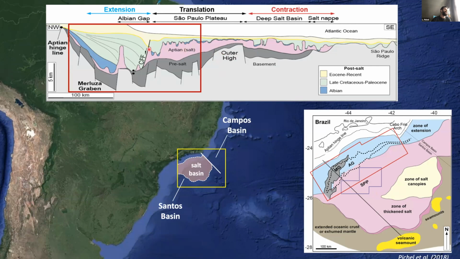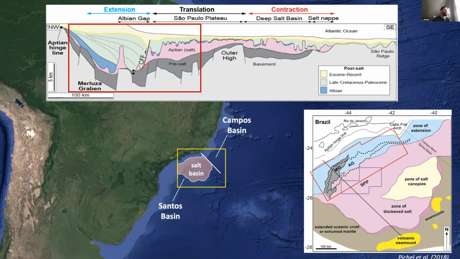Further landward, you have the landward edge of the São Paulo Plateau, of this inflated salt plateau. We have the Albian Gap, which is a very controversial area. It has been a topic of debate for three or more decades. It's an area where we have this 50 to 60 kilometers wide gap of the Albian interval. I didn't mention before, but the salt is Aptian in age, and the Albian is the next sequence, mostly carbonate, and it is largely absent throughout almost the entire length of the basin for a very wide area.